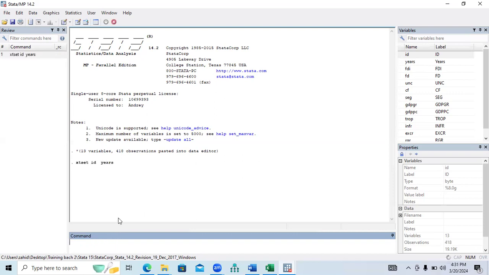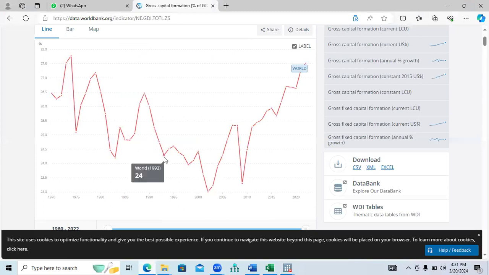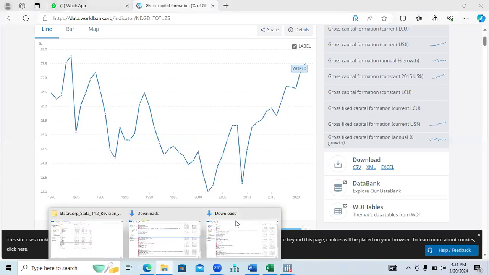So you just need to enter and it will recognize the panel variable and indicate that it is strongly balanced. So what does it mean by strongly balanced? Previously, I discussed with you the balanced panel data command.